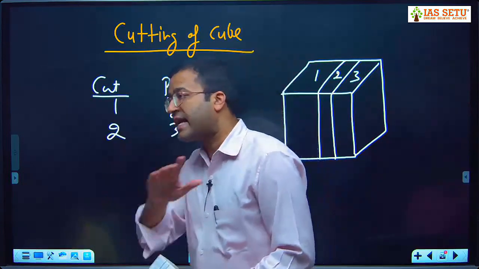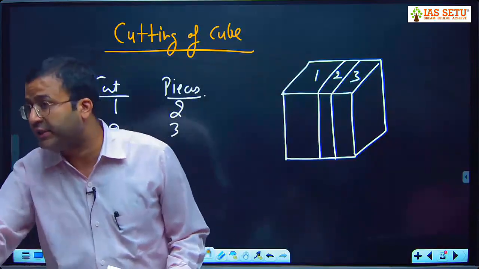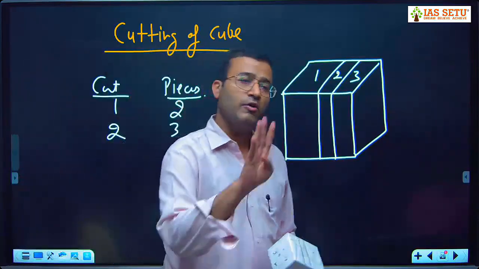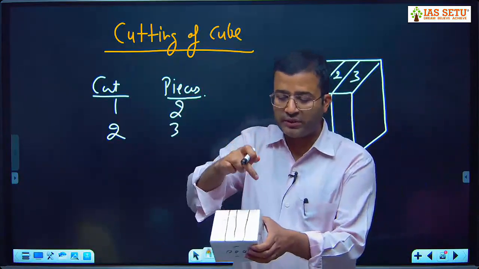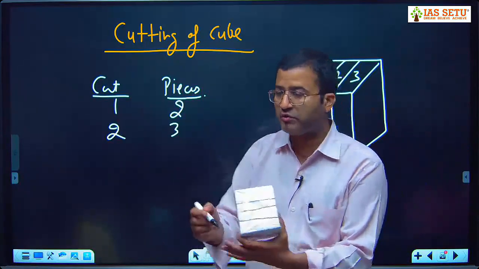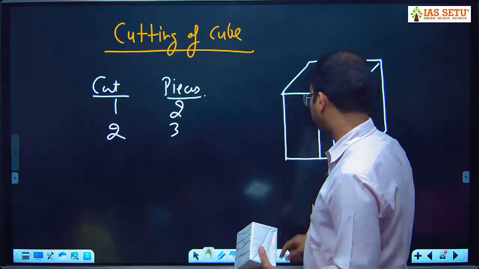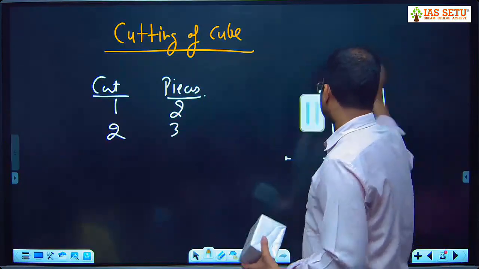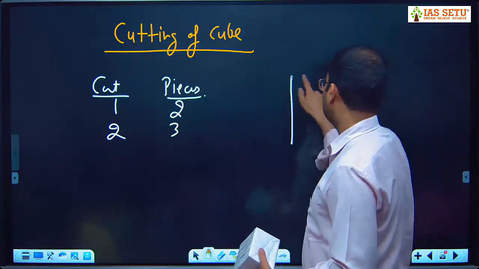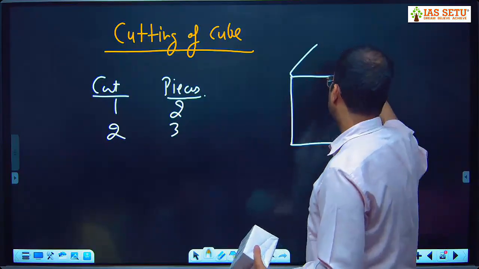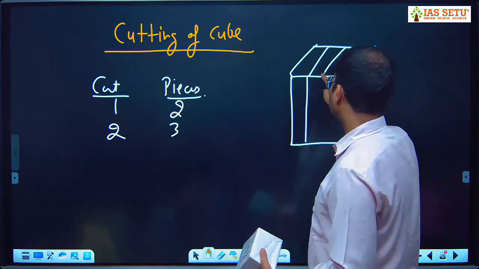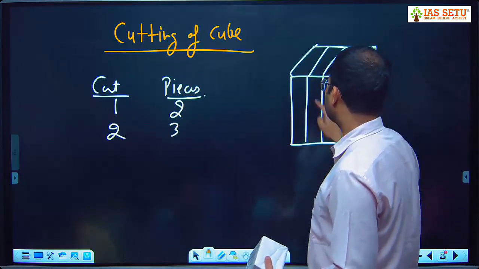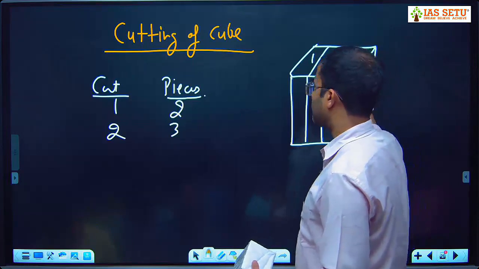If on the same axis I make 3 cuts, then how many pieces will be there? 4. If you make 3 cuts on one axis, there will be 4 pieces. 1, 2, 3, 4. Or you can see here, cut number 1, cut number 2, cut number 3, so we get 4 pieces.